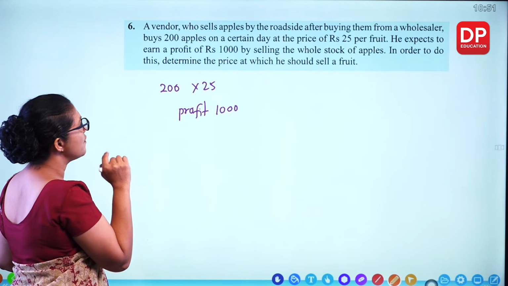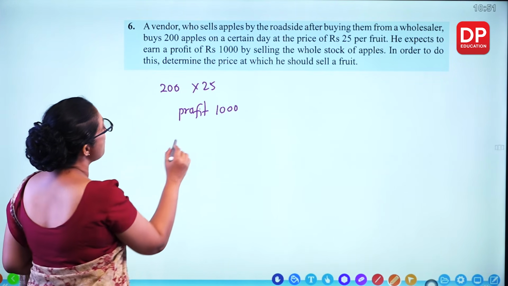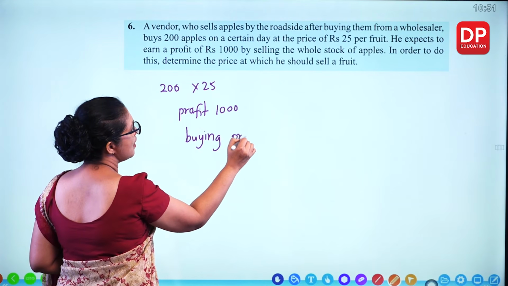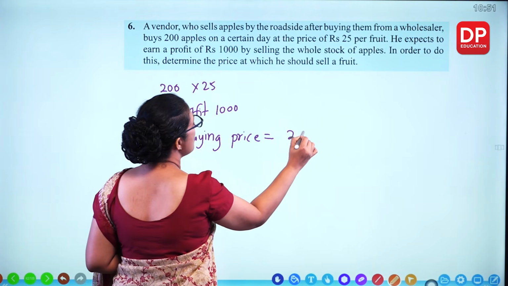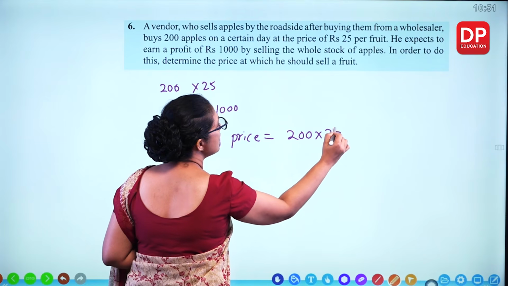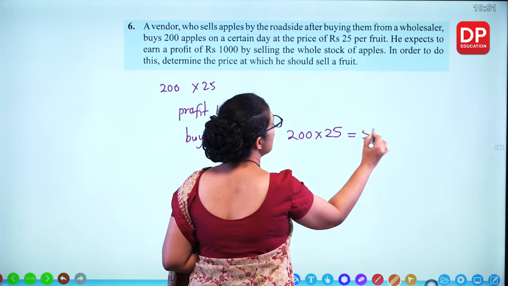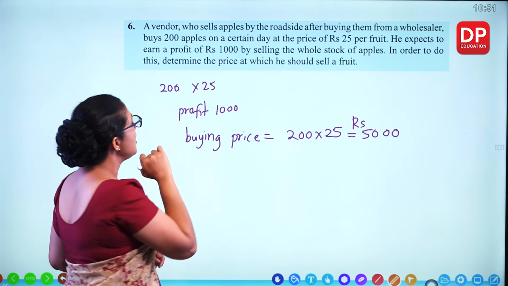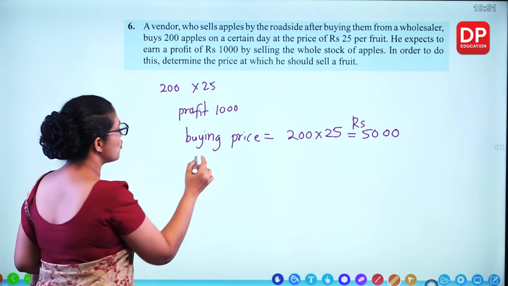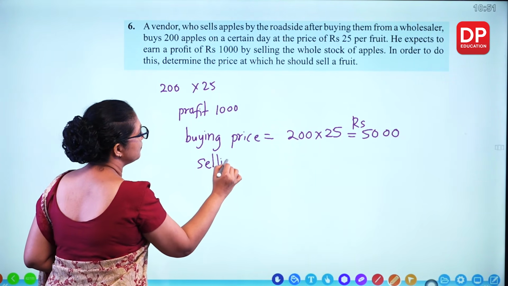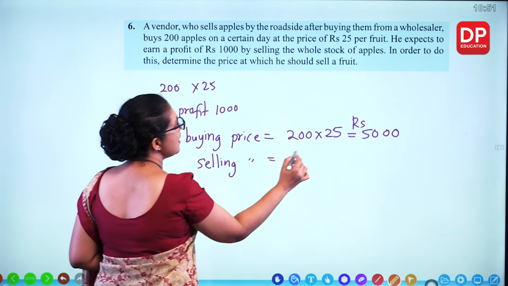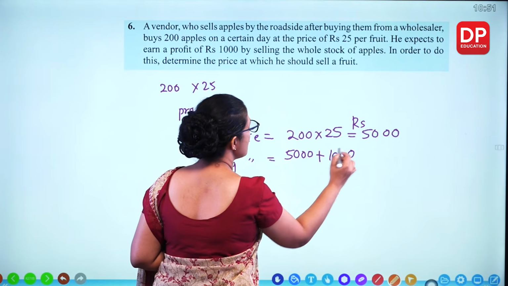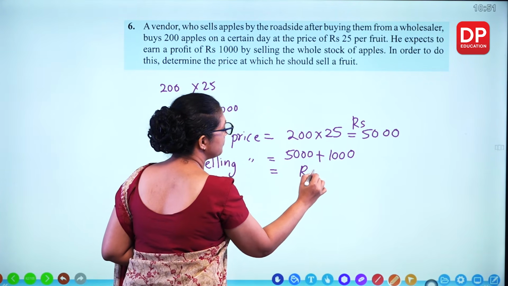So similar to the previous question, what's the buying price? Buying price is 200 into 25, that's 5,000 rupees. He wants 1,000 rupee profit. So what should the selling price be? Selling price should be 5,000 plus profit 1,000, so 6,000 rupees.